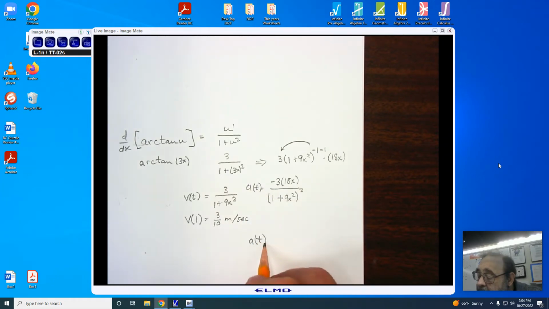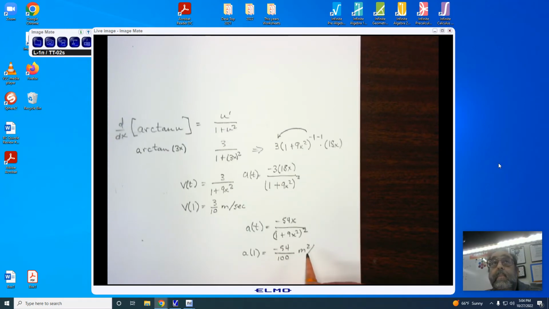For our acceleration, we end up with negative 54x divided by 1 plus 9x squared to the second power. A of 1 can now be found as negative 54 over 10 squared, which is 100. This is in meters per second squared.